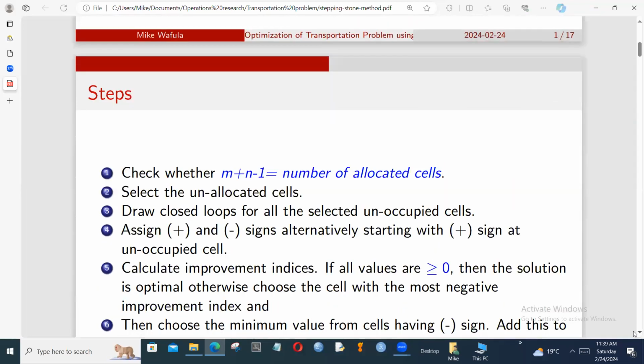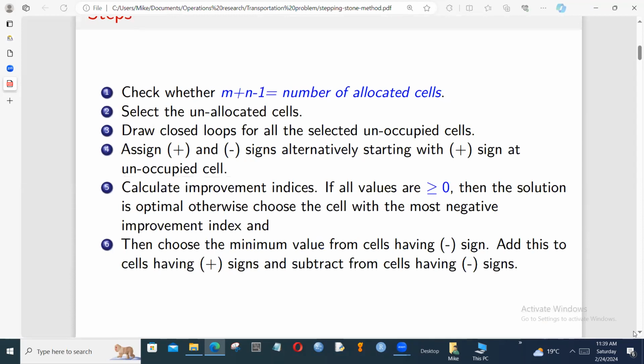And so I go straight to the steps, and the steps are more or less the same. Like I've said, we are dealing with problems that have initial basic feasible solutions that are non-degenerate, where the sum of rows and columns less one is the number of cells that are allocated or occupied. Then we select the unallocated cells, just like we were doing previously.